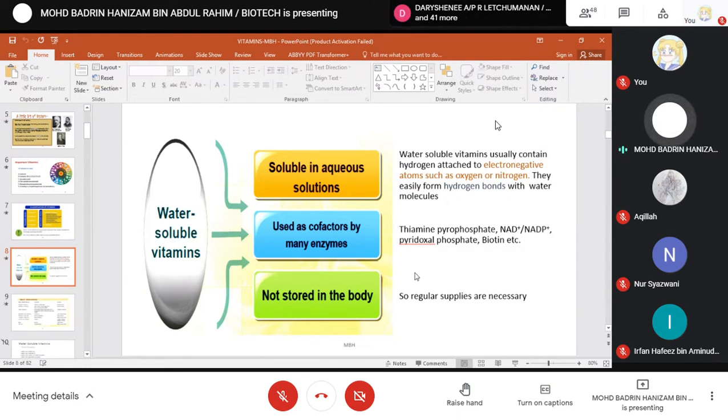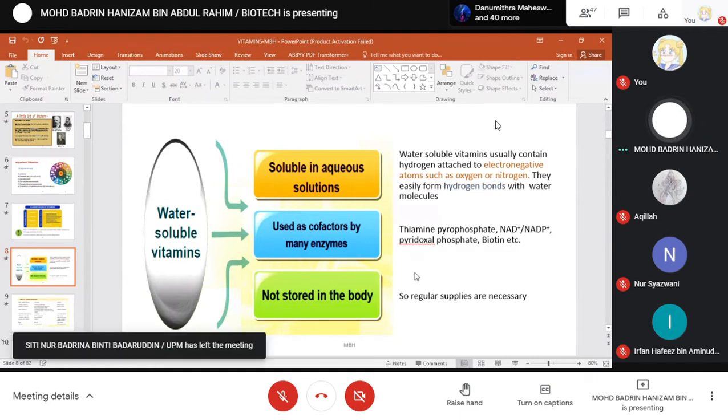That's why nowadays, because of COVID, we tend to be more aware of the importance of vitamin C, because we have to get our body well prepared to combat all these viruses and bacteria, right?